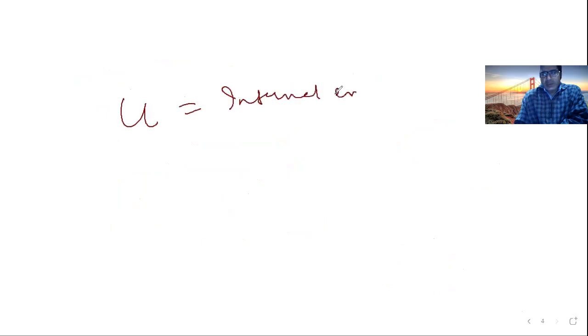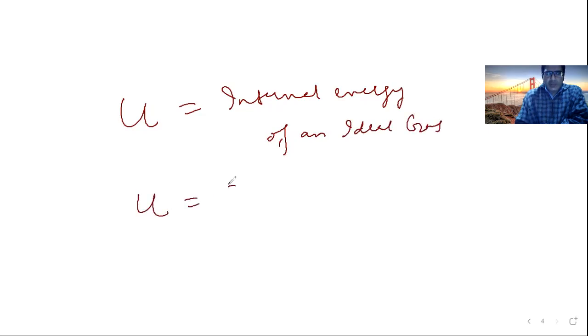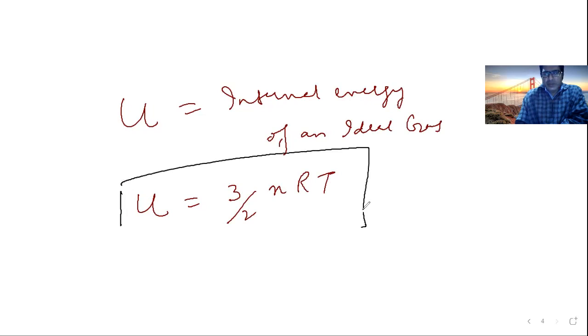Internal energy of an ideal gas. And you write U is 3/2 nRT. So R is universal gas constant, n is number of moles in the gas, T is absolute temperature, temperature in kelvins.